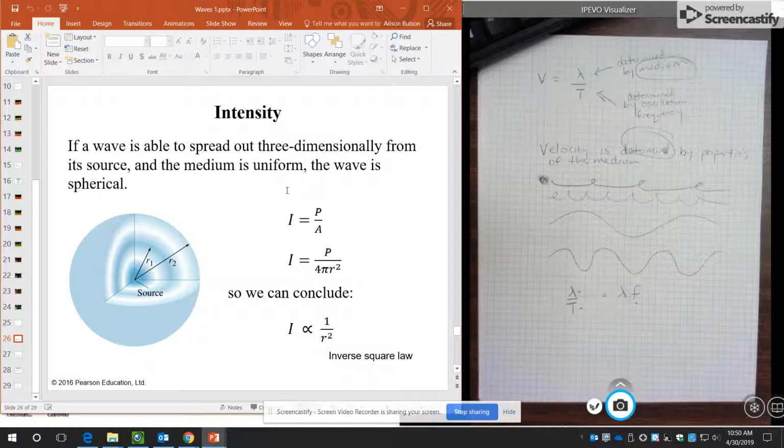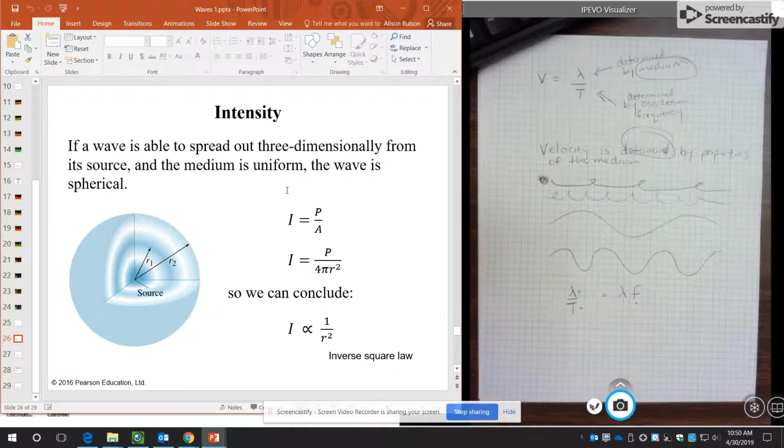So if a wave is able to spread out in 3 dimensions from its source and the medium is uniform, then the wave must be spherical. There's no way for different parts of the wave to go faster than others. So we have these concentric spheres of peak traveling outward, followed by trough traveling outward, followed by peak traveling outward, where they are spherical in nature because there's no point away from the source where one peak has exceeded the speed of any other of its peaks.